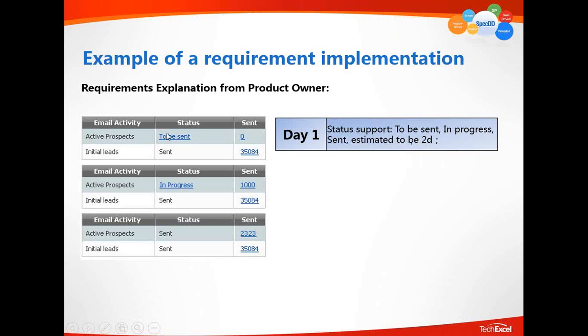It just makes sure the status for any activity can properly change from to be sent to in progress to sent. As a product owner, you would think this requirement is simple enough. There's no need to design other details of the requirement other than just creating pictures showing the status at a different stage.